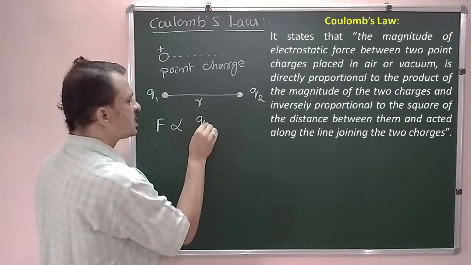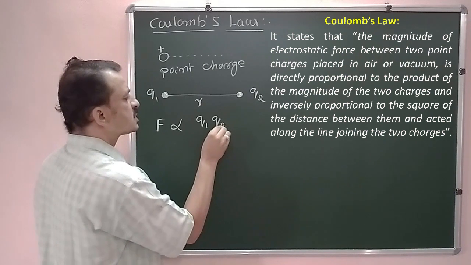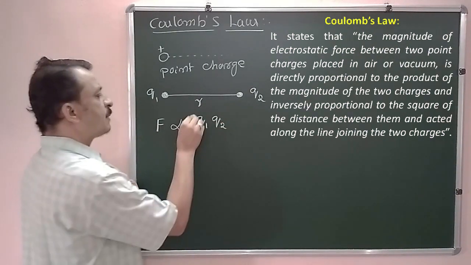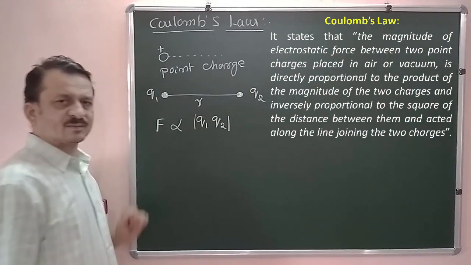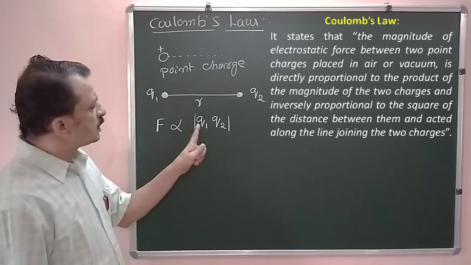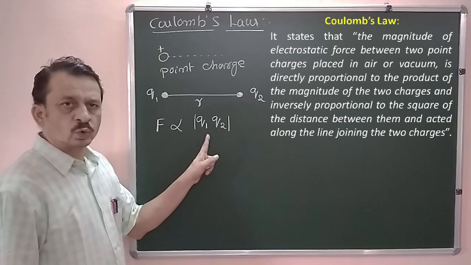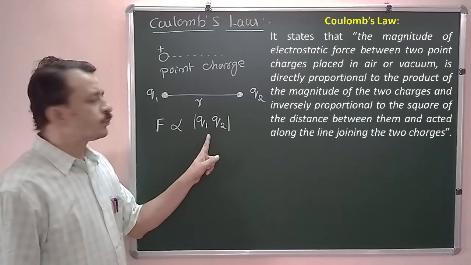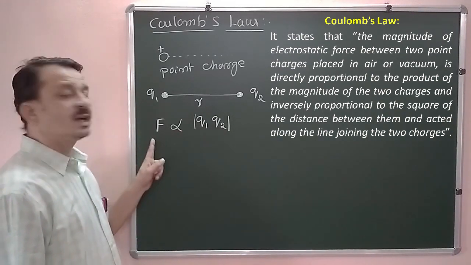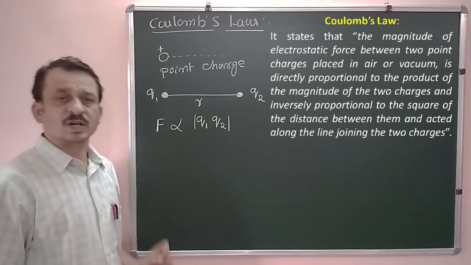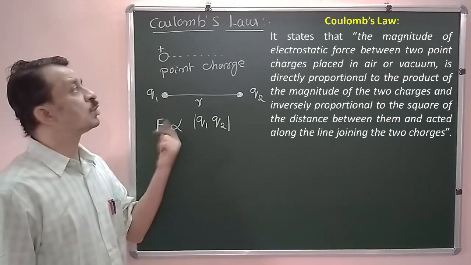Q1 is one charge and Q2 is another charge, and the product of their magnitudes is represented by Q1 Q2. That is directly proportional to the electrostatic force between the 2 charges. That is the first point in Coulomb's law statement.